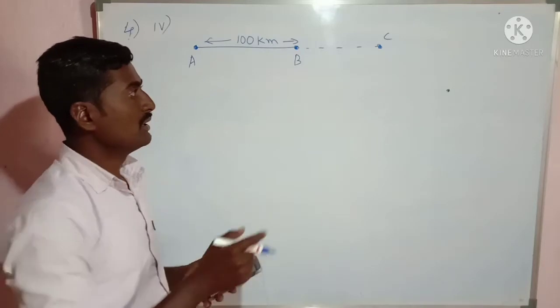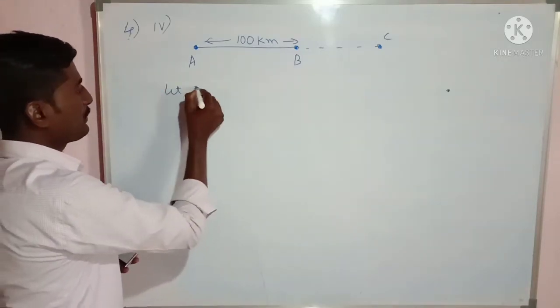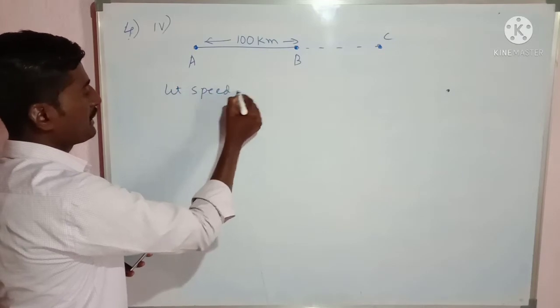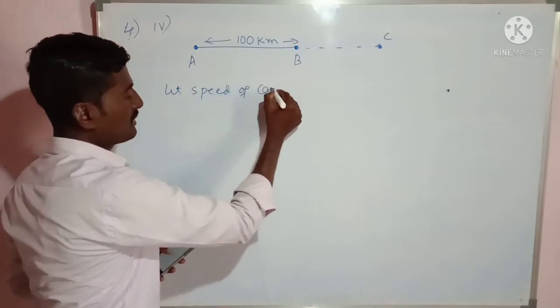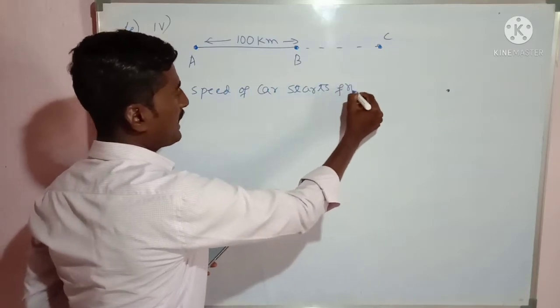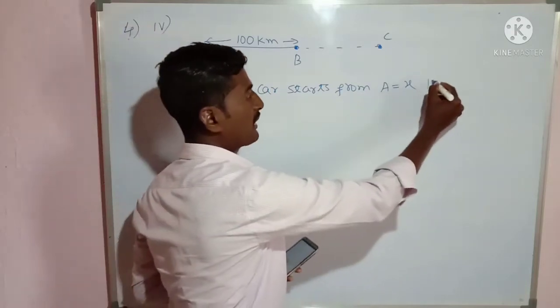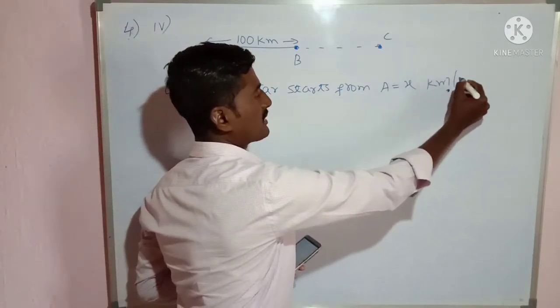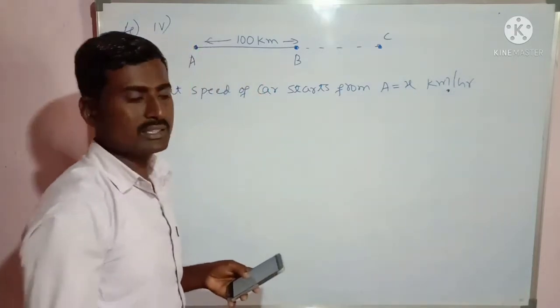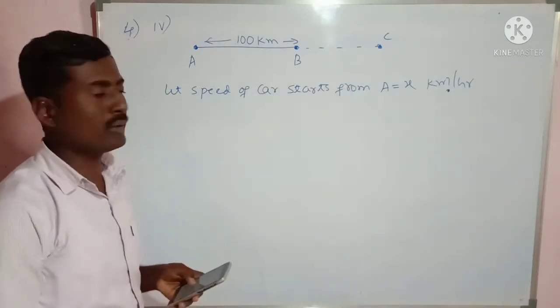Now, let's write: let the speed of the car that starts from A be x kilometer per hour, because they gave time in hours and distance in kilometers, so I can write it as kilometer per hour.